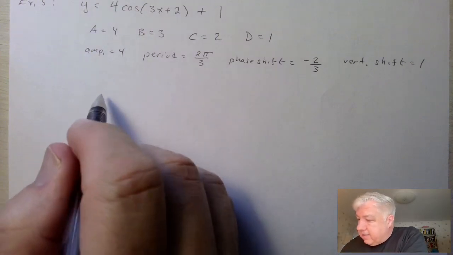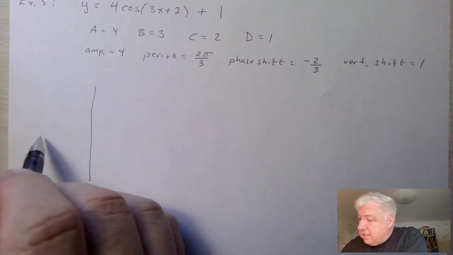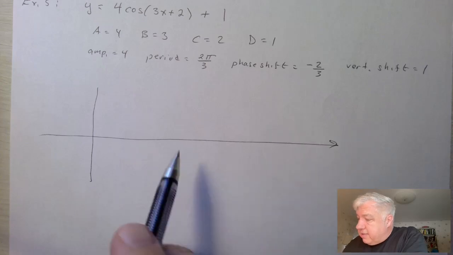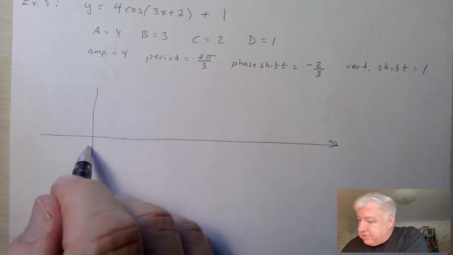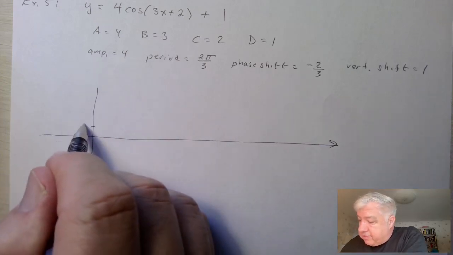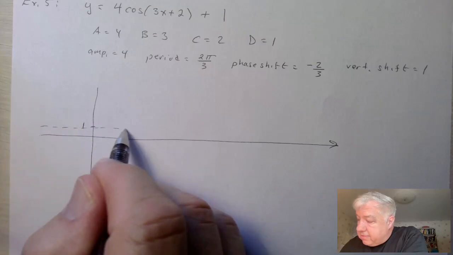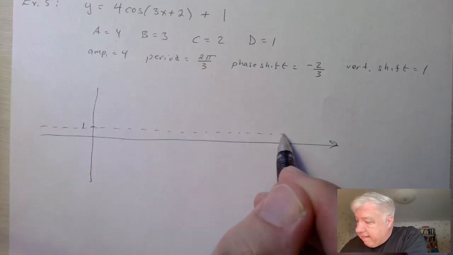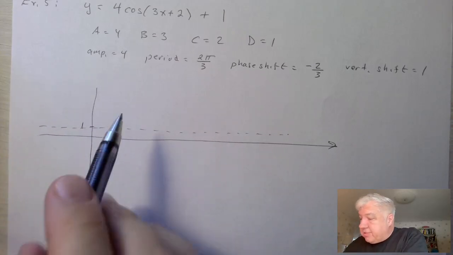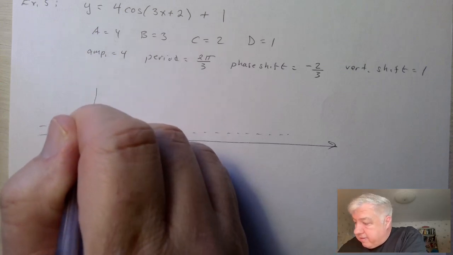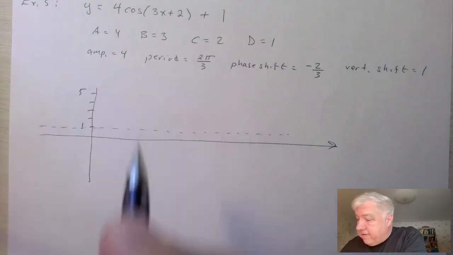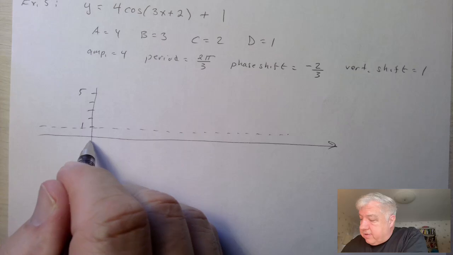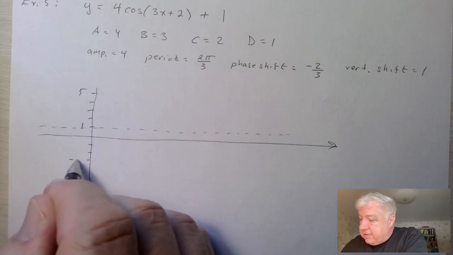So, okay, let's plot this. Now the vertical shift is 1, so it'll be centered around y equals 1. Okay, and the amplitude is 4, so we can go up 4 to 5 and down 4: 1, 2, 3, 4 to negative 3.